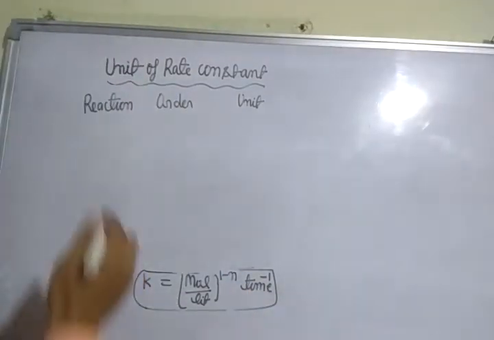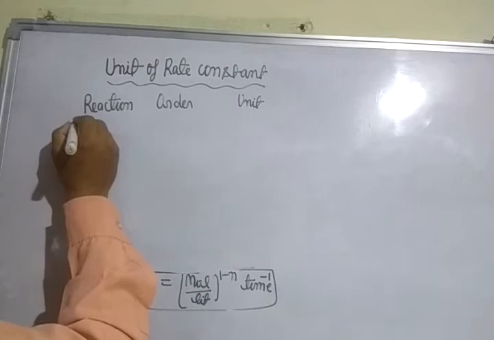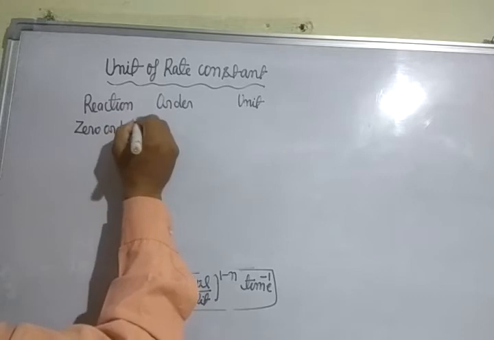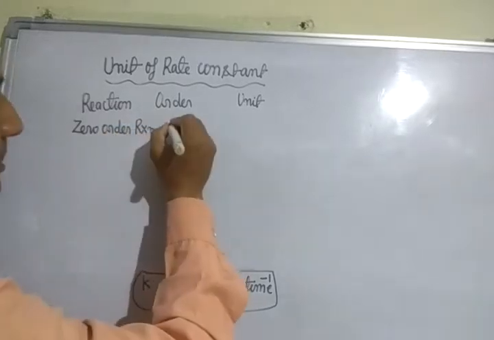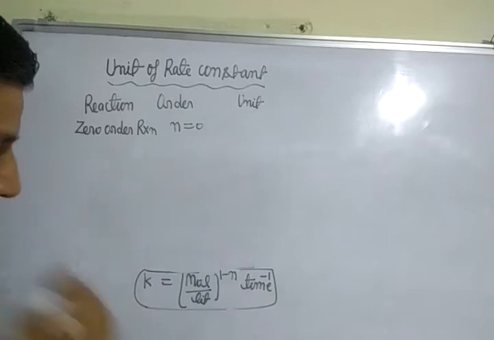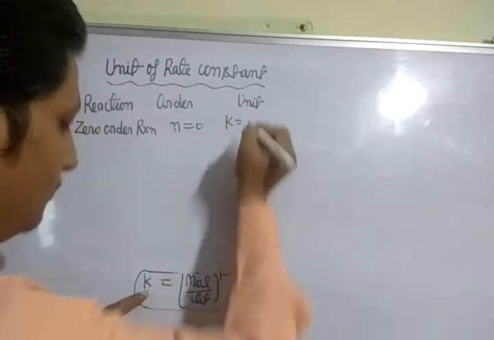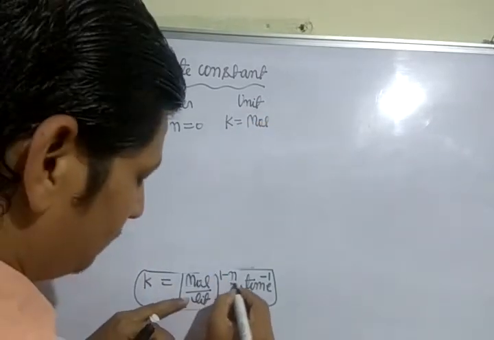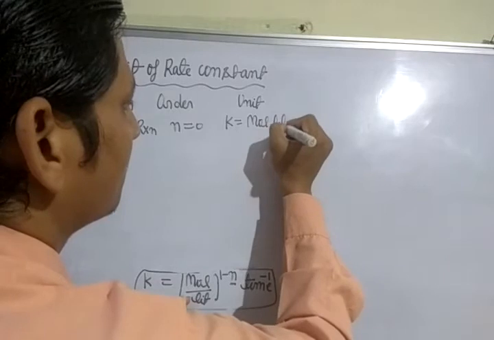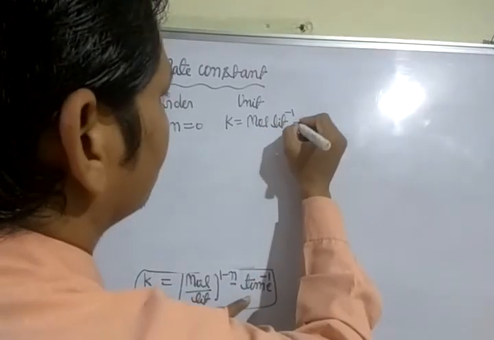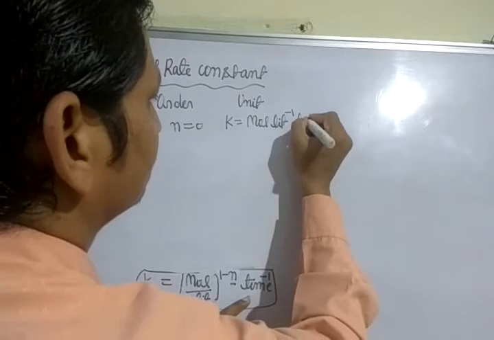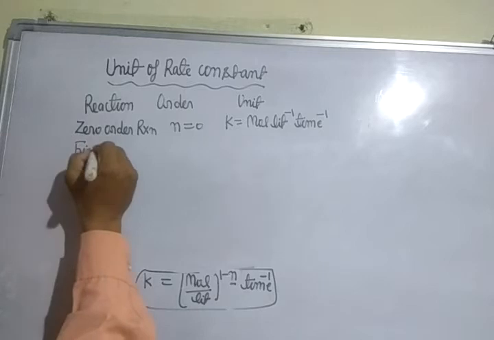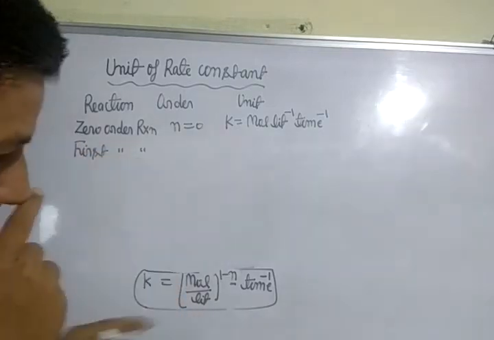Okay. So look here. First, zero order reaction, n is equal to 0, so the unit becomes K is equal to mole, and here is 0, so we can write mole liter inverse time inverse. Okay students, next first order reaction. For first order reaction we have to take n is equal to 1.